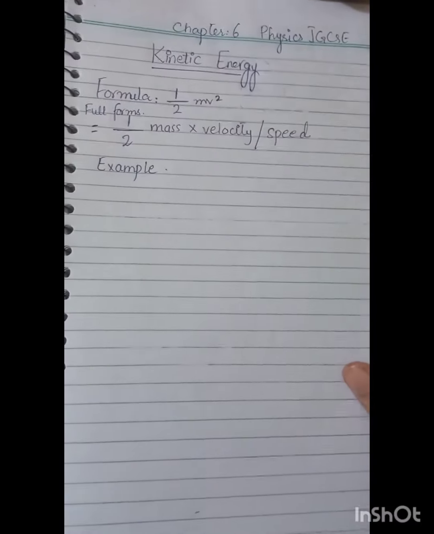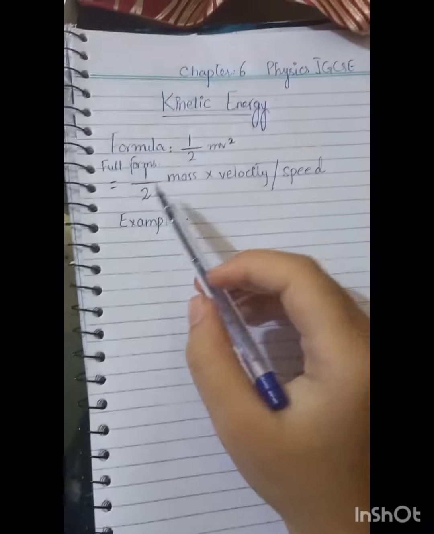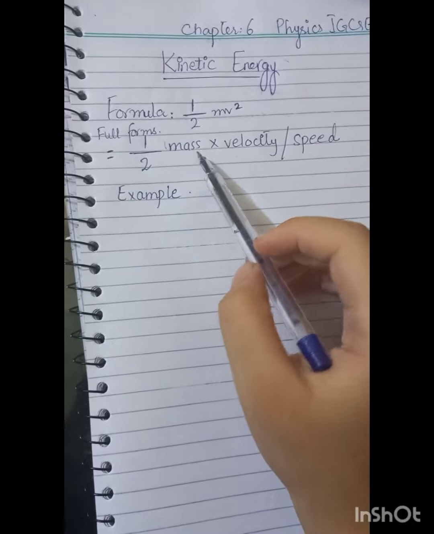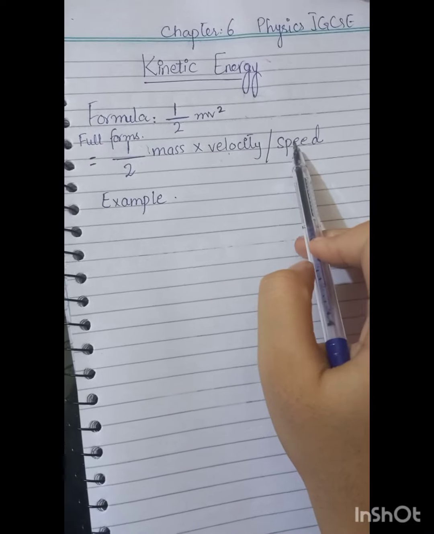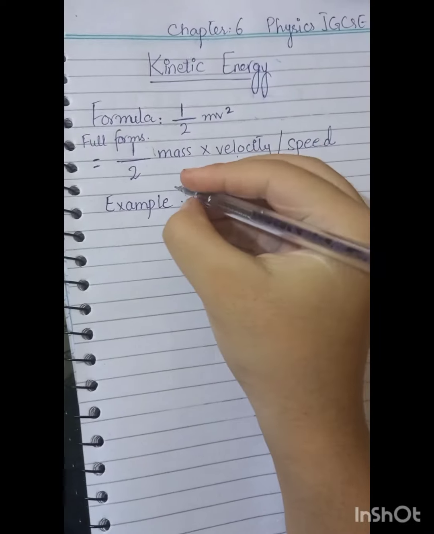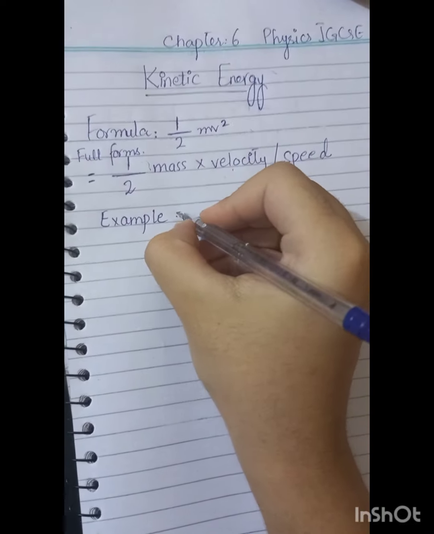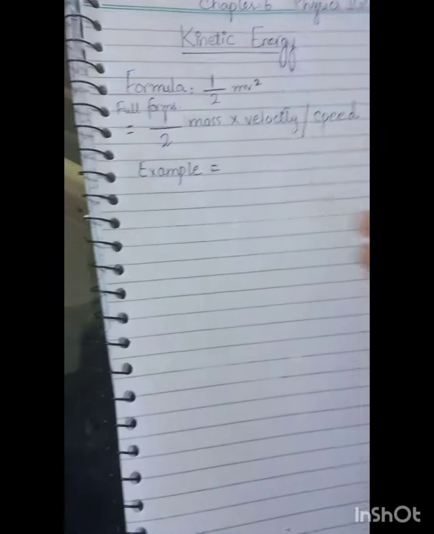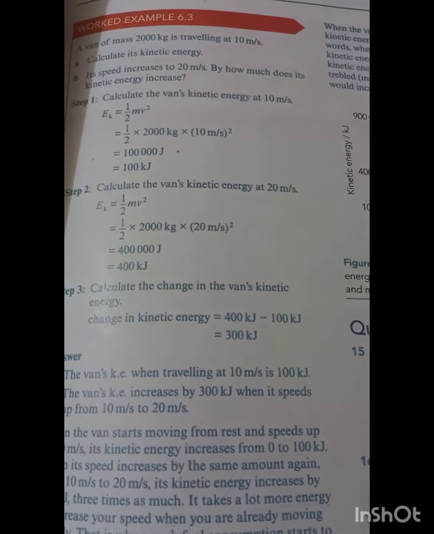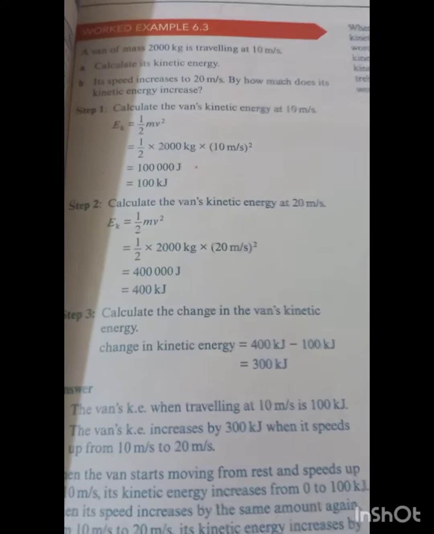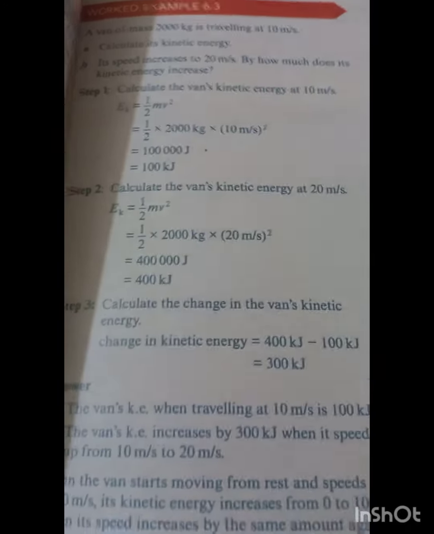Now we are going to do kinetic energy, and its formula is 1 over 2 mass multiplied by velocity squared. Let's do some examples related to kinetic energy, as written in the book of physics IGCSE. A van of mass 2000 kg is traveling at 10 meters per second.